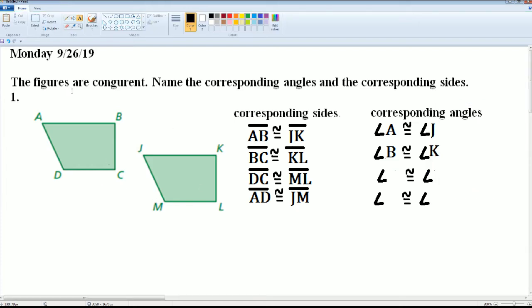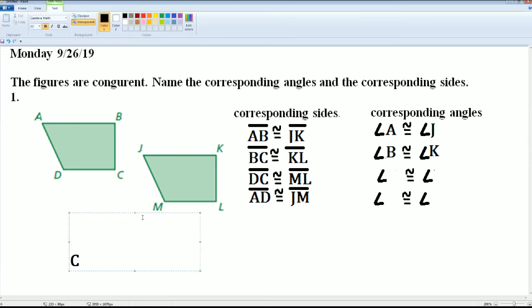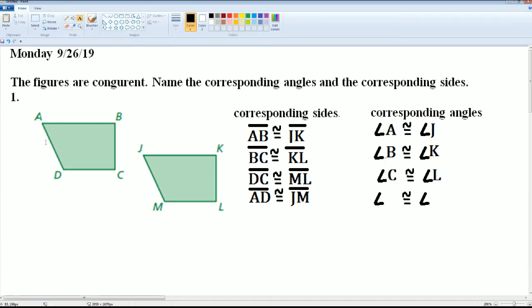What's the other one? C is going to be congruent to L. That is that corner. So C and L are congruent. Let's see if we can just drop it. Perfect. Next one, D is going to be congruent to M. Good.